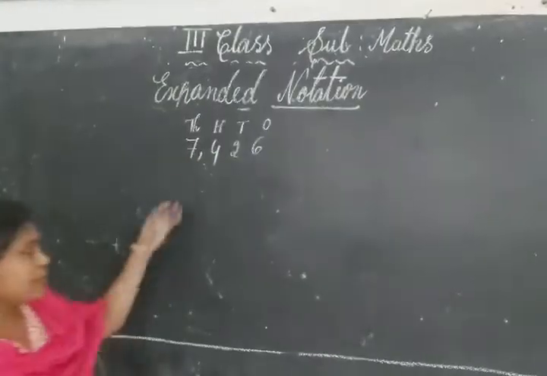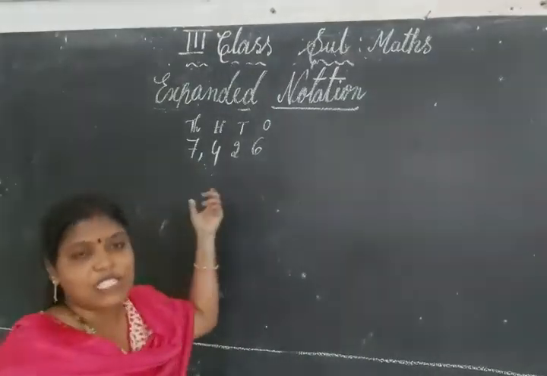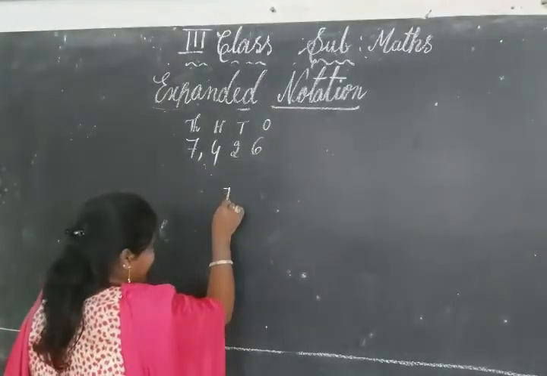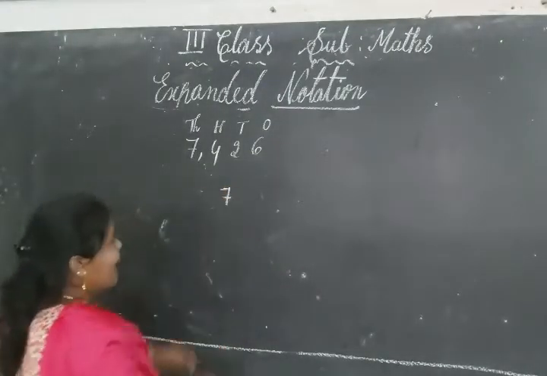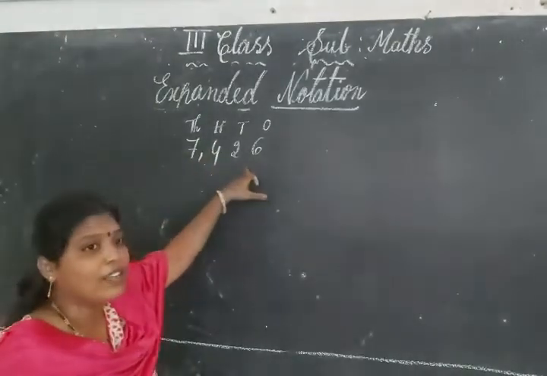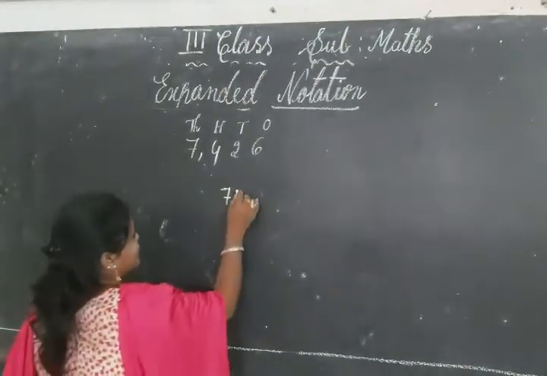See children, what is the first digit? The first digit is 7. So write 7, and how many digits can you see after 7? 3, right? So write 3 zeros.